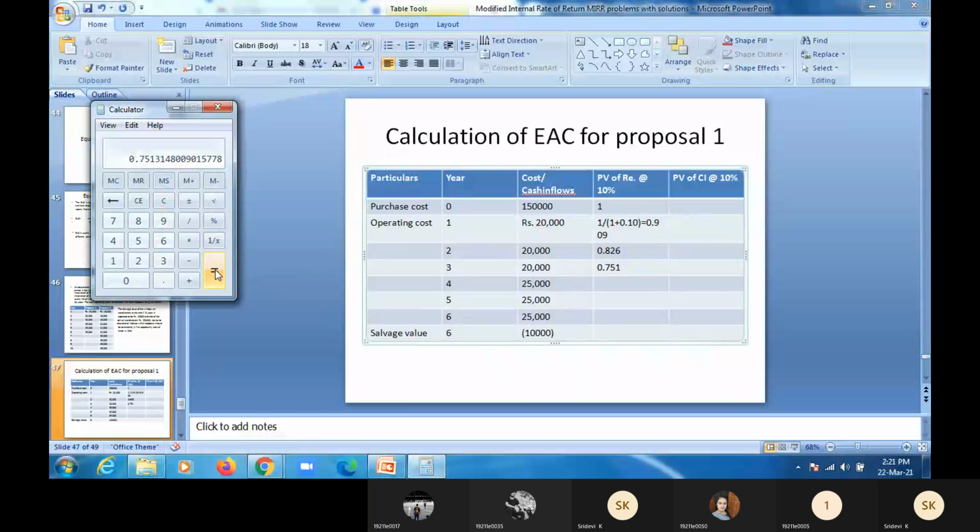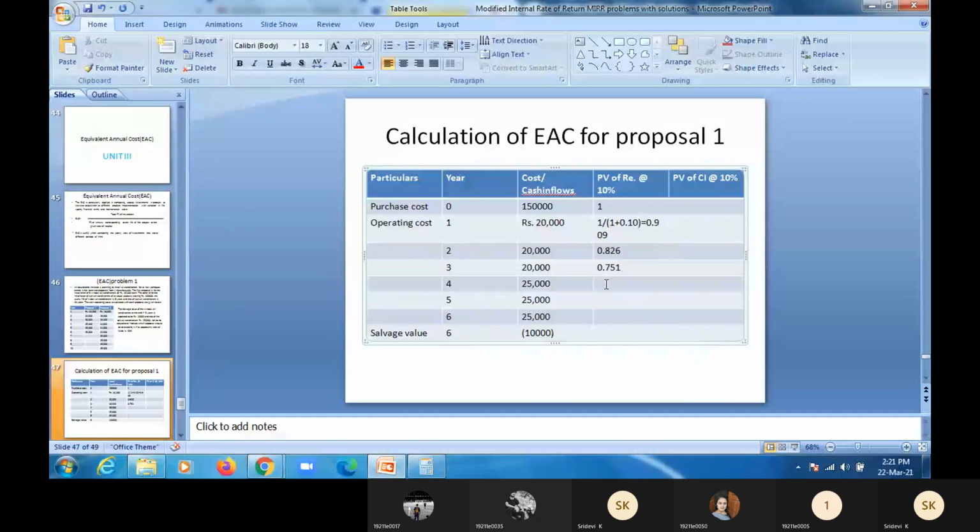For the fourth year, you press equal once more in the calci, you will get 0.683. For the fifth year, again you press the equal to symbol, you will get 0.621.